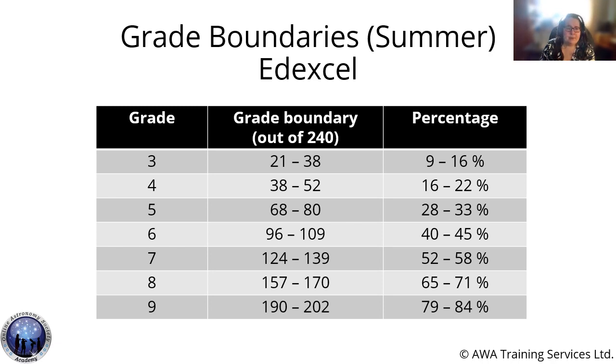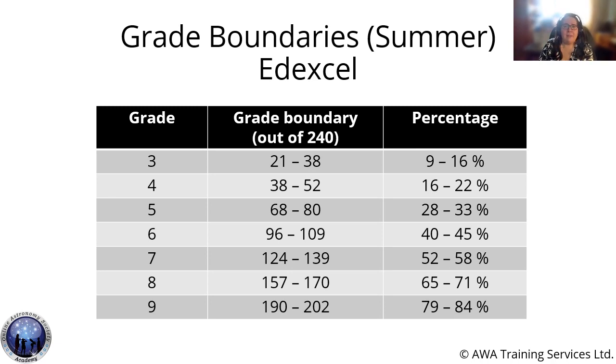Now most people will probably aim for a 5, a 7 or a 9. As you can see, for a grade 5 you need about 30%, give or take. And that just means if you do about the first third of the paper, then you can get a grade 5.